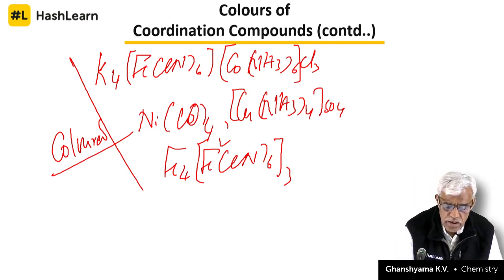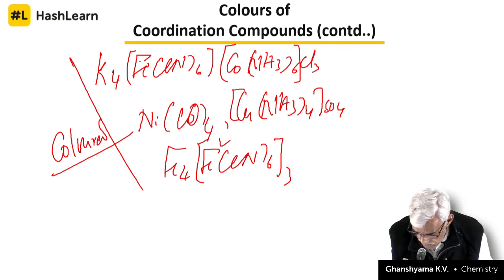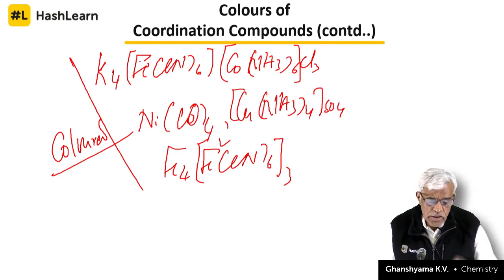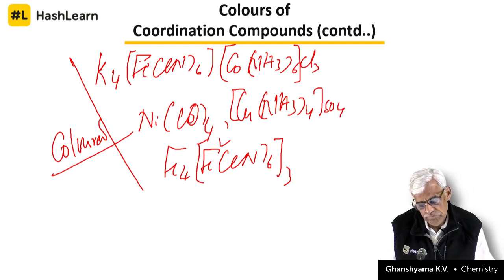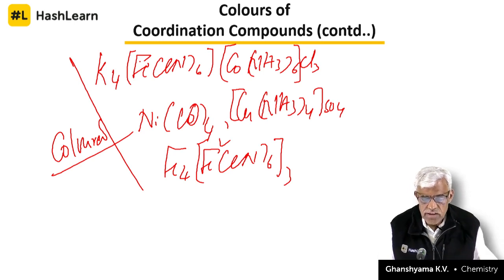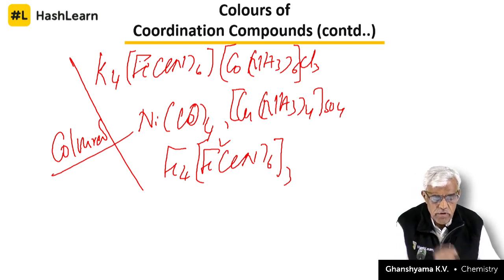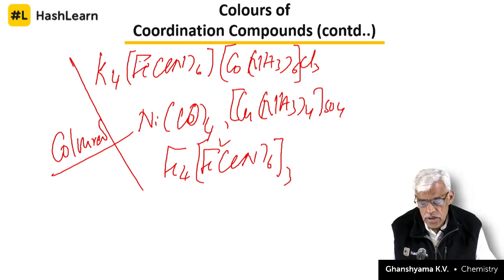The central metal ion is responsible for giving the color, and it depends upon the nature of the ligand. If a particular metal has ammonia as the ligand, its color is different. If cyanide is the ligand, the color is different.